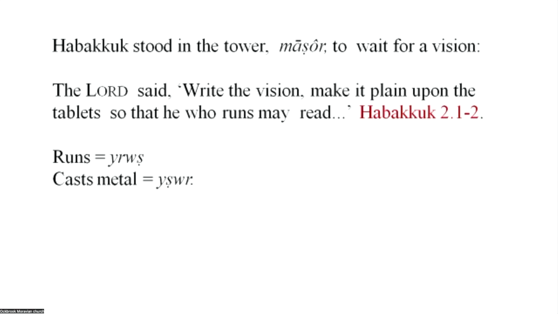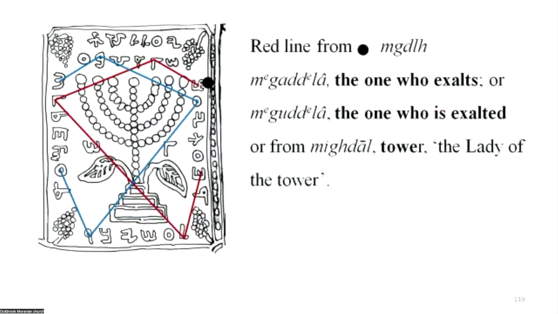All you have to do, the W is the vowel, you have to flip the last two consonants. Instead of R-S, you have S-R. I suspect that what this said originally was, write the vision, make it plain upon the tablets, so that he who casts the metal may read it. That makes a lot more sense.